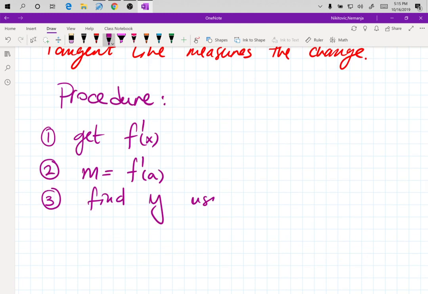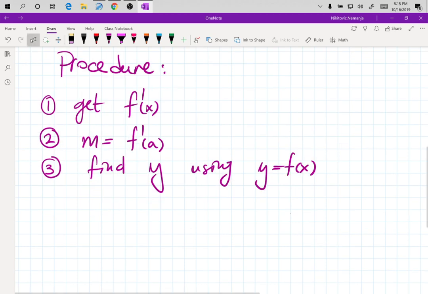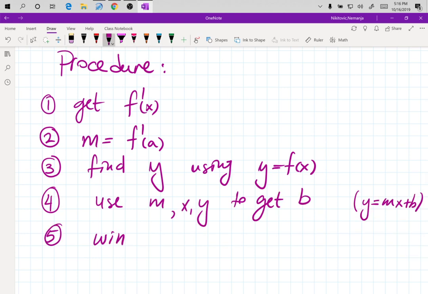Sometimes you already have a y. Number 4, use m, x, y to get b for y equals mx plus b. And then number 5, win, which is, you're right, the tangent line. So this is the procedure.